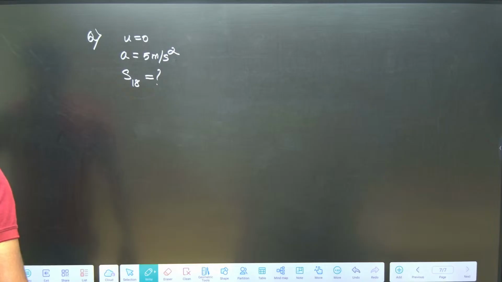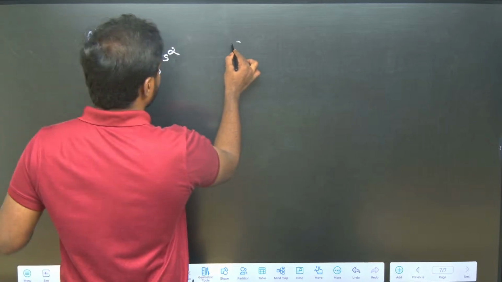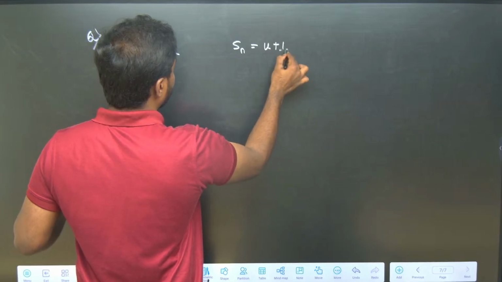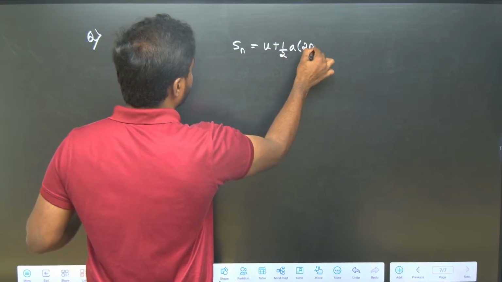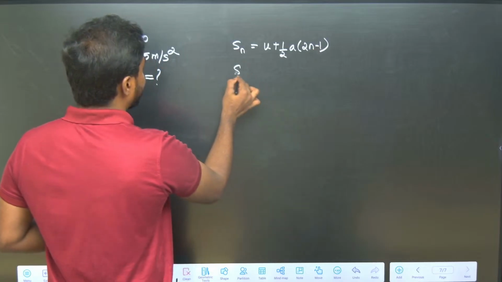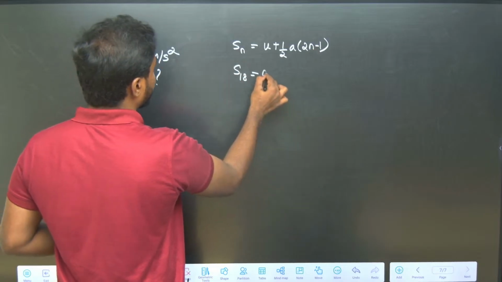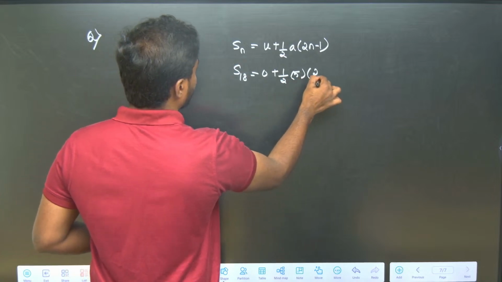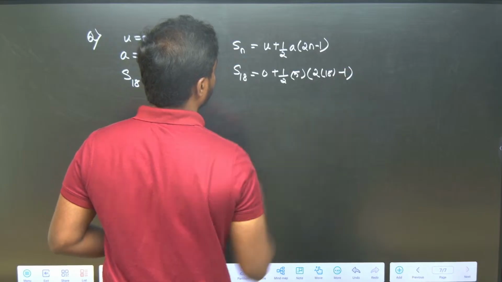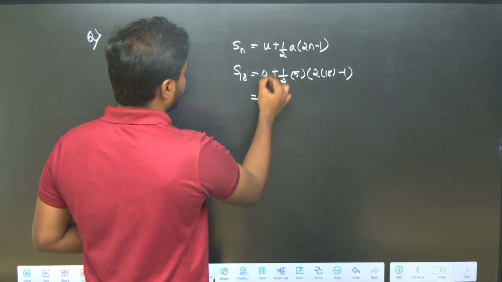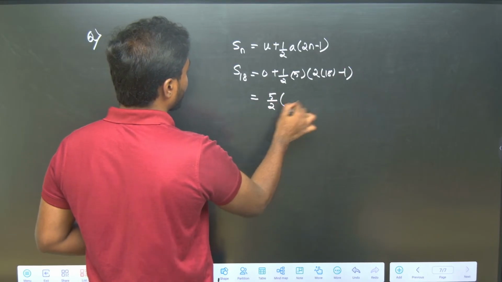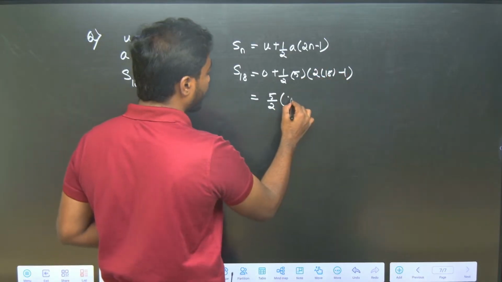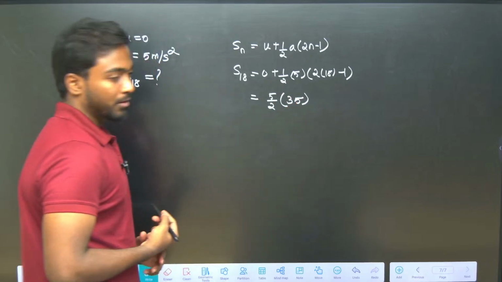The formula: Sn is equal to u plus 1 by 2 a into 2n minus 1. So S18: initially the body is at rest, so 0 plus 1 by 2 into 5 into 2 into 18 minus 1. So this is 0, and 5 by 2 into 36 minus 1, which is 35.